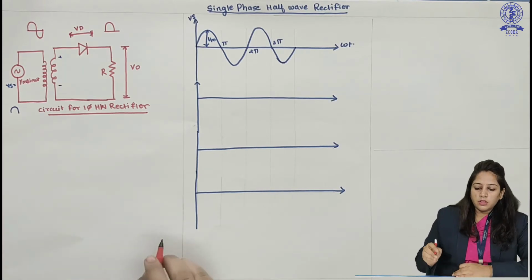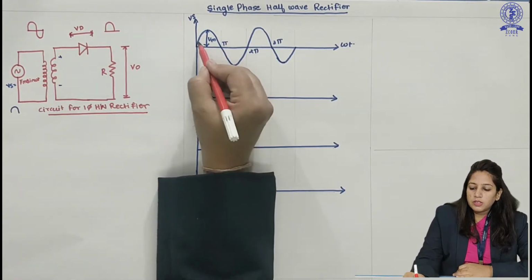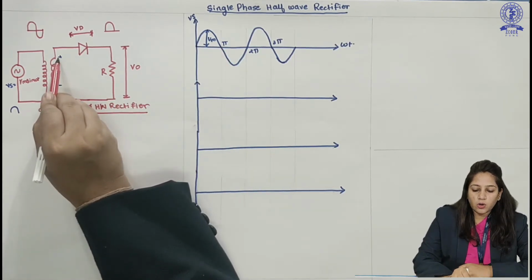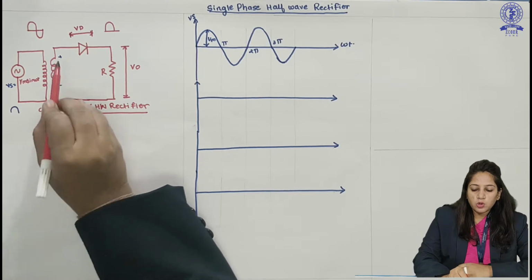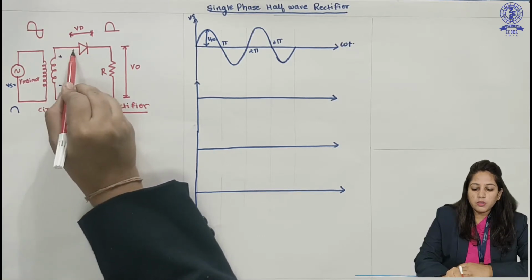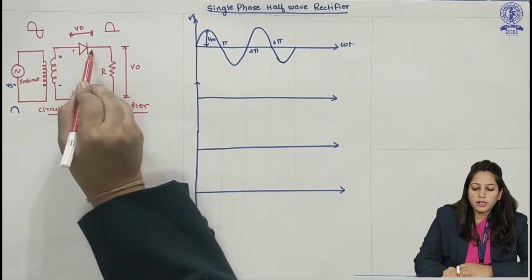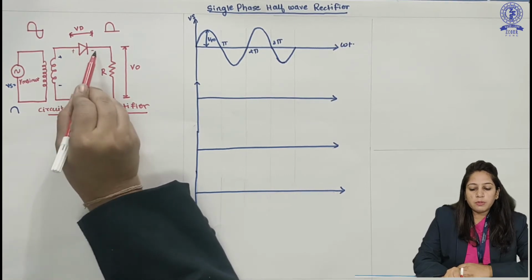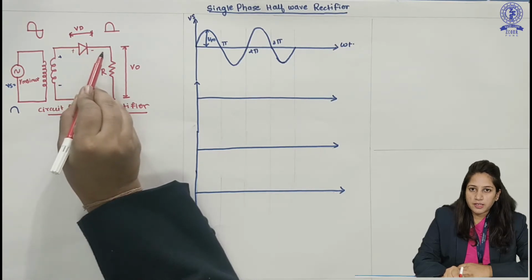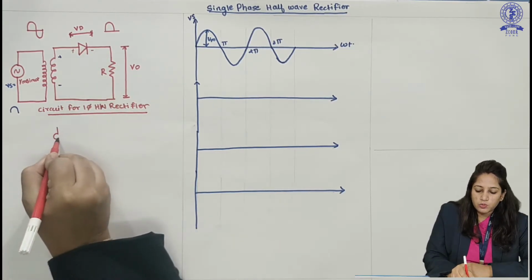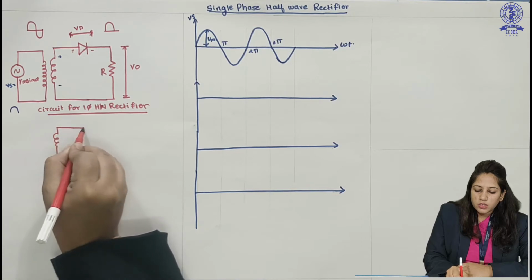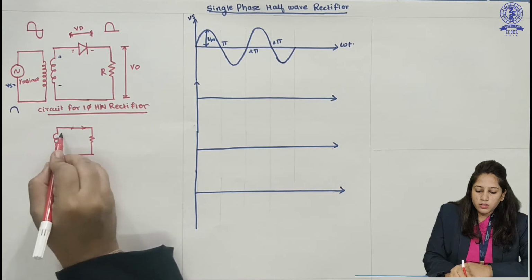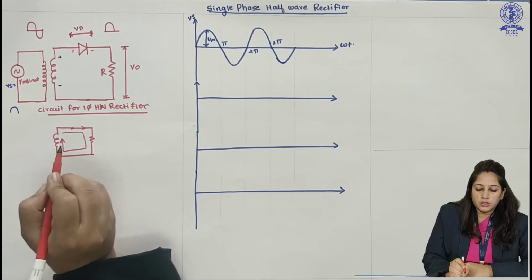For the positive half cycle of the input wave, on the secondary coil it will be plus and minus. If this is plus, then the positive terminal of the diode will be positive and the negative terminal of the diode will be negative. You know that whenever this is the condition, the diode will be in forward bias. That means it will act like a closed switch, and so current will flow in this direction.